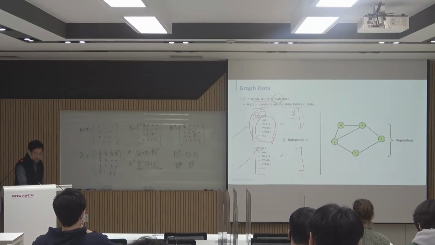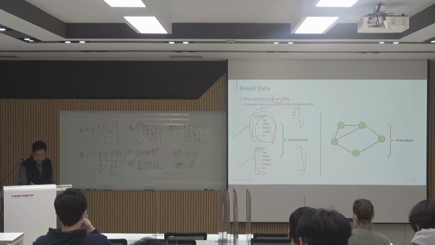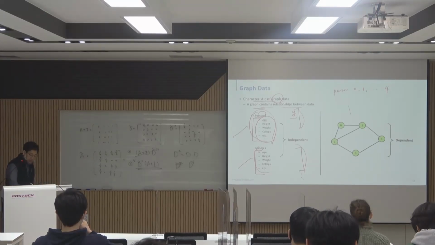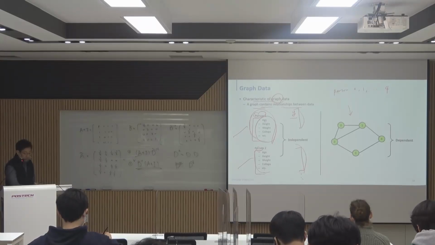Using this kind of supervised learning, I want to have another piece of information. Say we have persons from 0 to 4, five of them, and these are the connectivities between people.